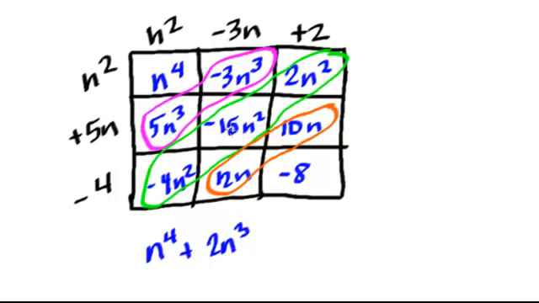Negative 4n squared minus 15n squared is negative 19n squared plus 2 is negative 17n squared. Now 12n and 10n, when I combine this, it's 22n. And then last but not least, we have that negative 8. That's our answer. So n to the fourth plus 2n cubed minus 17n squared plus 22n minus 8.